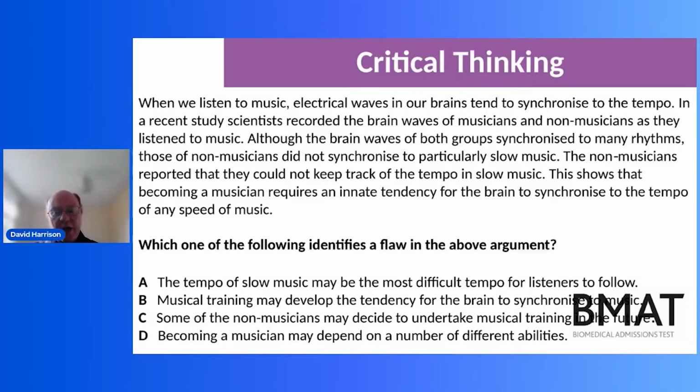So there is a flaw there in that it's assuming that you have to have this innate ability to synchronize to the tempo of any speed of music, and that it can't be developed and trained. So well done if you selected B as your correct answer. That is the correct answer for that question.